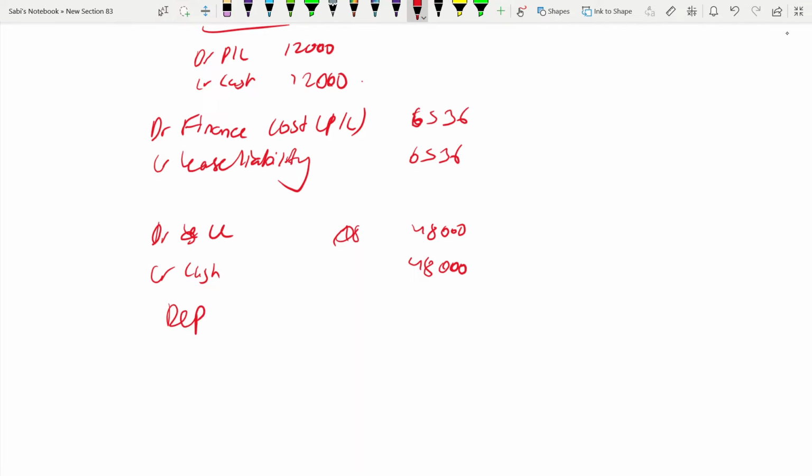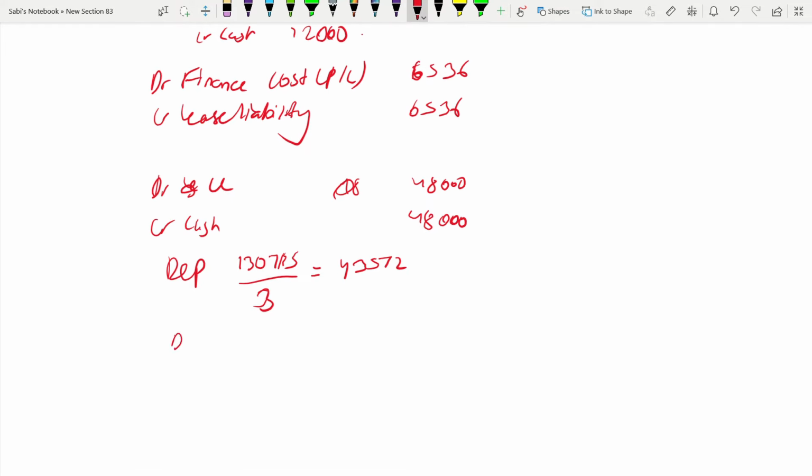How much? Right of use asset was 130,715. It's divided over the lease term, 3 years. So 43,572. This will reduce your right of use asset. So debit depreciation, credit right of use asset, 43,572.